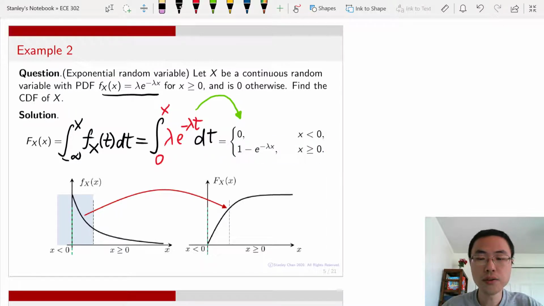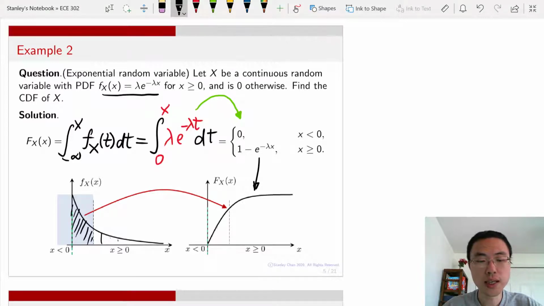Okay, now how does this CDF look? This CDF looks like this. So you can imagine that I'm integrating this function all the way from 0 to the point x. In the beginning, I am integrating this function, I have a lot to integrate, and so it rises.